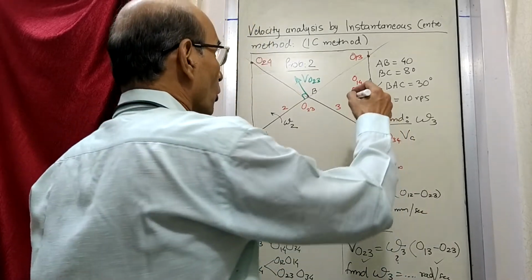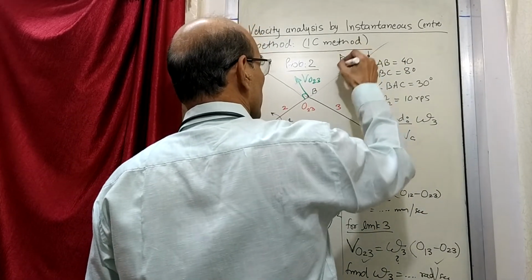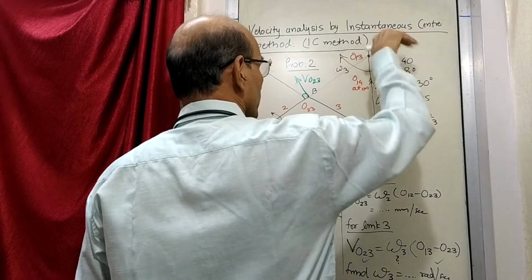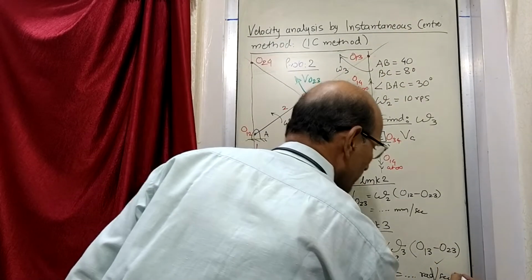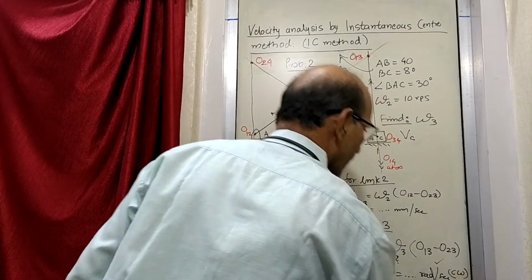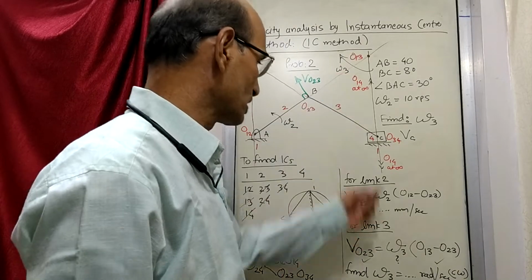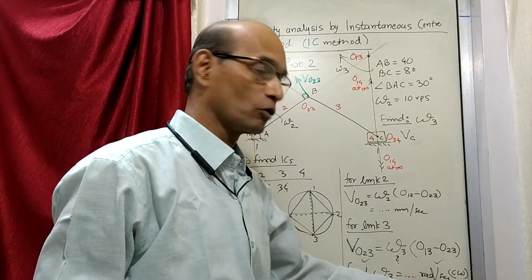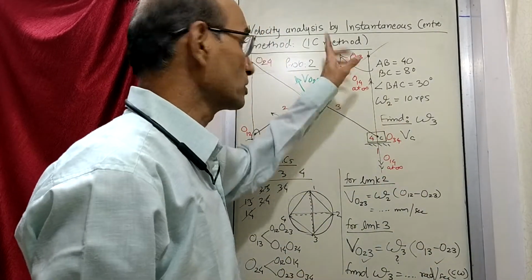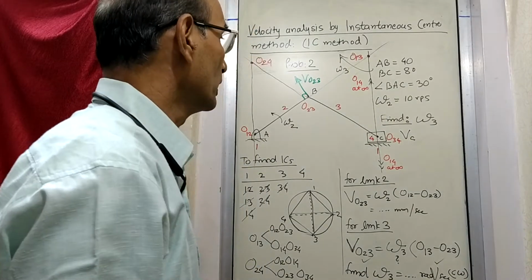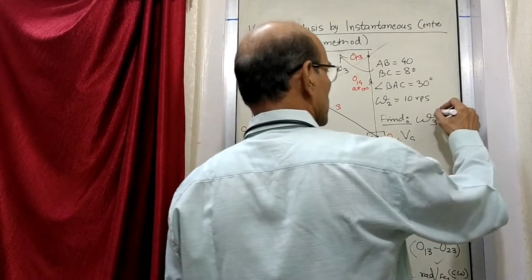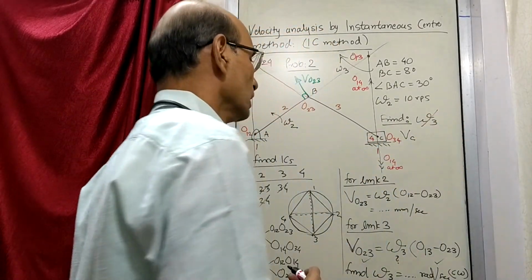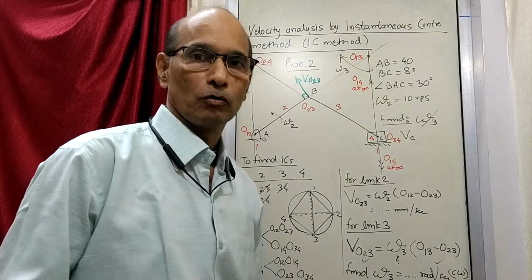That means omega 3 is going this way. It is rotating clockwise, so you write here clockwise. So angular velocity of 3 has got this magnitude, and it has a rotation in the clockwise direction. Okay, so we have found out the angular velocity of 3.